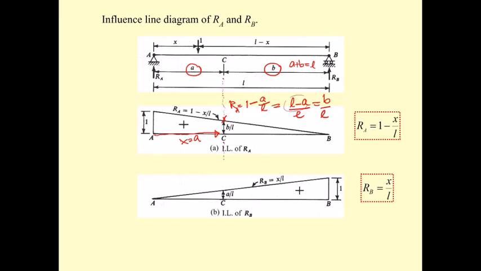And then if you project it down here, and again you put x equal to A in this equation, R sub B equals A over L. Okay, and you can also see that the diagram that you get is the same as before if you set L equal to 20, and then you will get 1 minus x over 20, and this one is going to be x over 20, and if you plot the graph you will get the same graph as before.